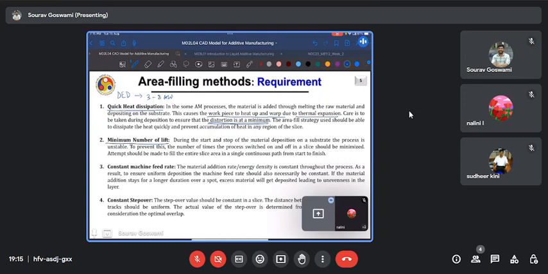Also, during the start and stop of the material deposition, the process is said to be unstable. Why is that? It's because of the inertia involved. The amount of deposition at the start or stop, or even at the corners, may be more or less than the extrusion that we have designed it for.